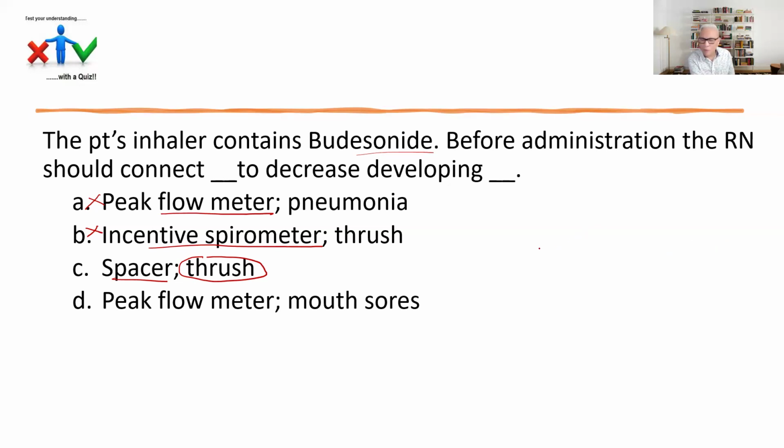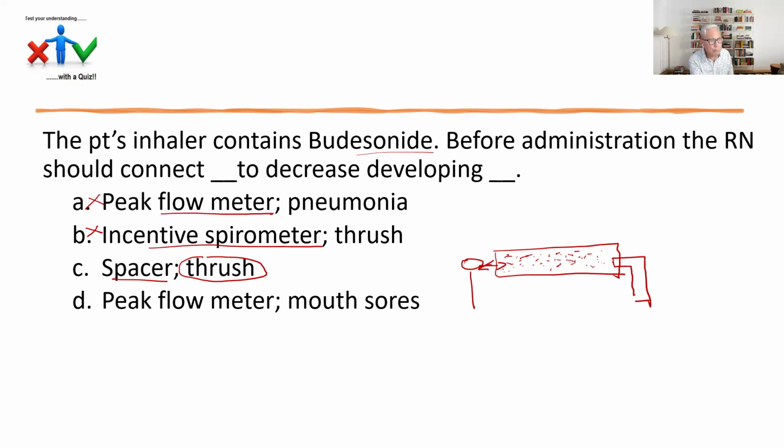I'm sure that all of you have seen a spacer, but let me just tell you the reason why we have a spacer. If we are going to have the medication blown this way and we have this device called the spacer, what's going to happen is that the vapors or the drug is going to stay here longer, and thus the patient can have a better opportunity to inhale this particular drug.